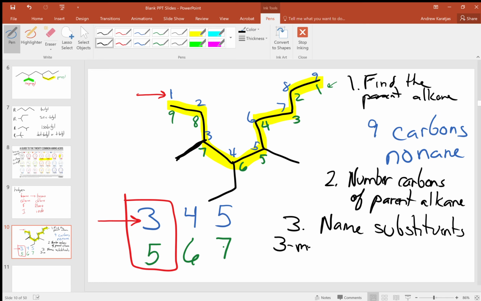So we have a 3-methyl. On the 4th carbon, we have a 2 carbon substituent, which we know is ethyl. So 4-ethyl. And then on the 5th carbon, we have a 1 carbon substituent. So we have methyl again.